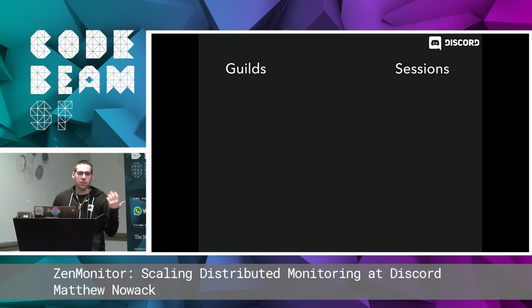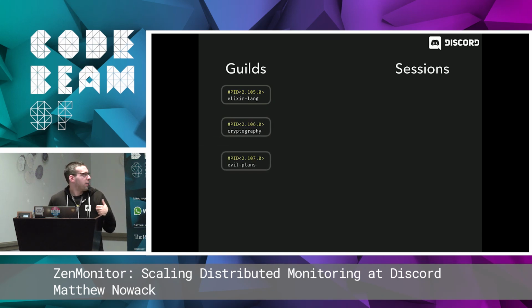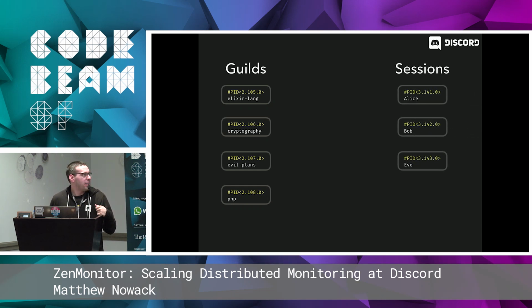So here's some examples to make this make sense. We could have a guild for Elixir. We could have a guild for cryptography. We could have a guild for evil plans. And then we could have an even more evil guild for PHP. And then we can have some sessions. So we can have Alice and Bob and Eve and Lars.